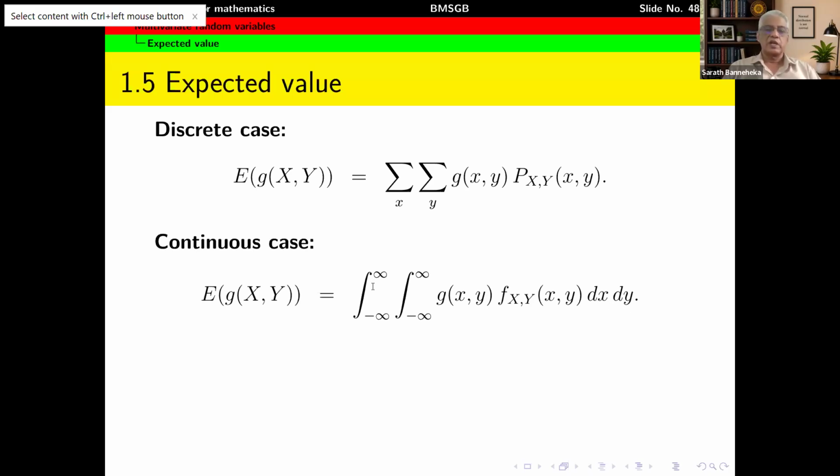Theoretically, we say again from minus infinity to plus infinity, but in the practical situation, we will require to integrate this only over the support of this joint density. Outside the support, of course, the joint density will be zero, and therefore the integration coming from that part will be zero. So it is enough to integrate over the support of the joint density. So this is in general.